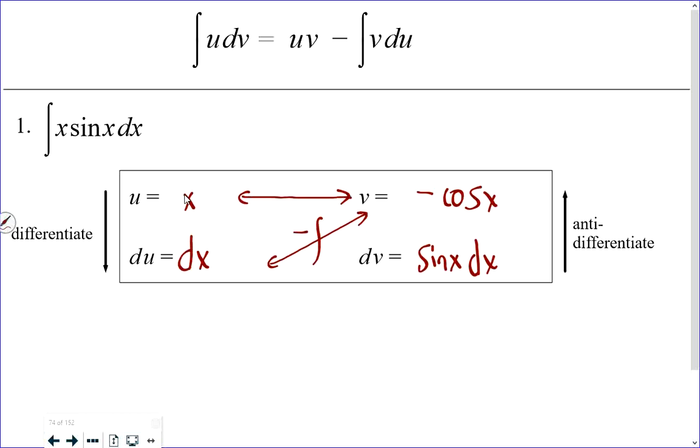Everything is accounted for. Everything. I get negative x cos x minus the integral of the product of these two, and I get negative cos x dx. The dx is part of the product. I don't have to go, oh, right, I got to write that dx there.